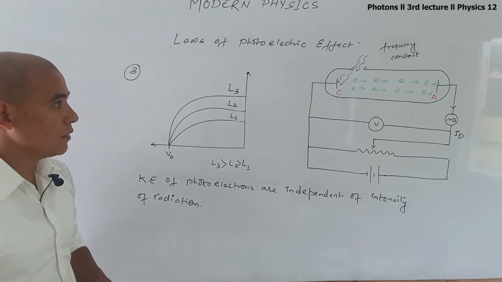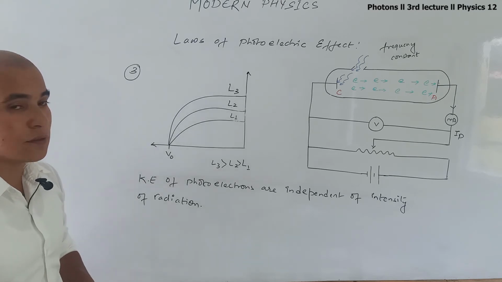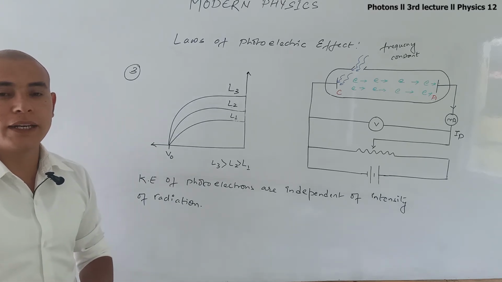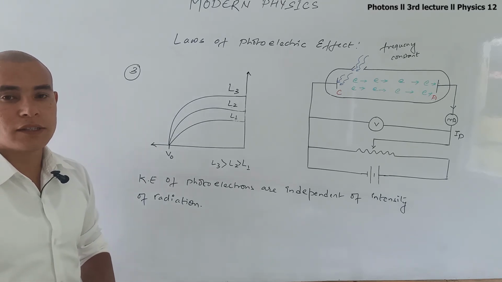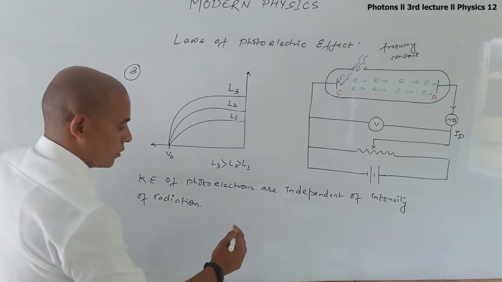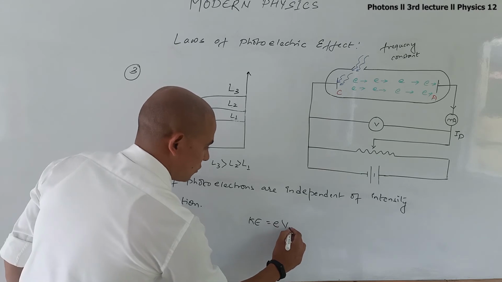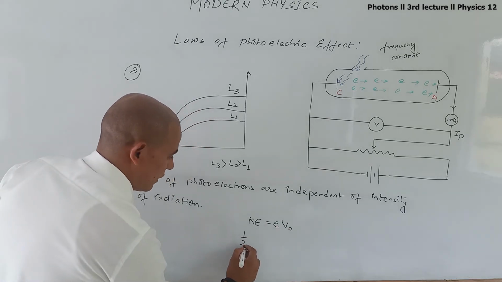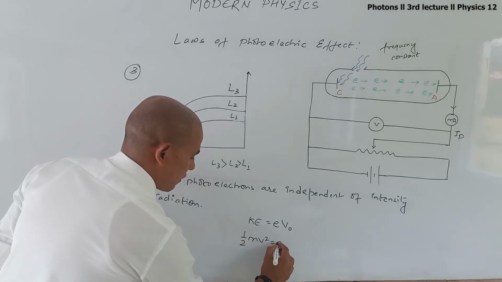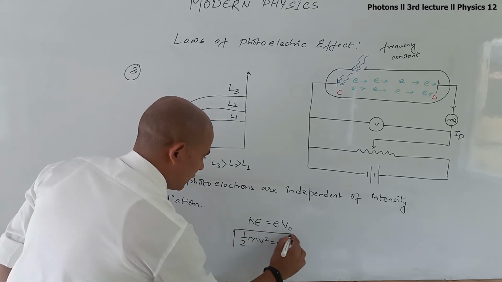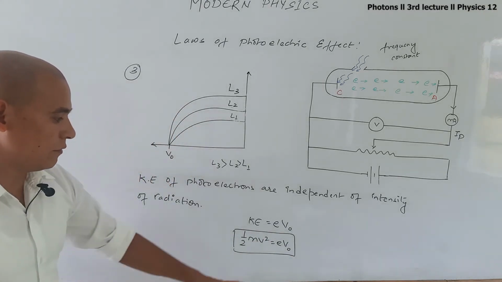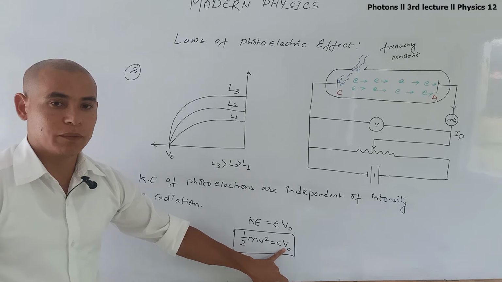The third law explains that the kinetic energy of an accelerated electron is equal to eV0. That is, half mv square is equal to eV0, where V0 is the stopping potential.